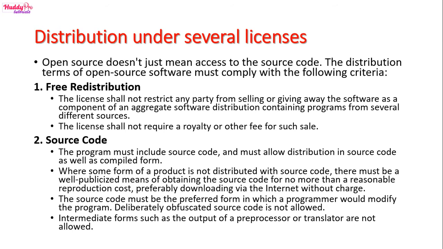Let's talk about the distribution under several licenses. The distribution of software under several licenses. As we noted before in our introduction, the very first tutorial, when we say open source, this doesn't just mean access to the source code, but rather the distribution terms of the open source software have to be followed, and we're gonna look at the criteria for the distribution of open source software.